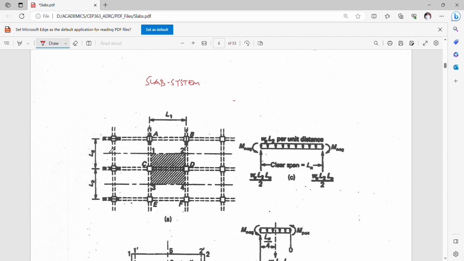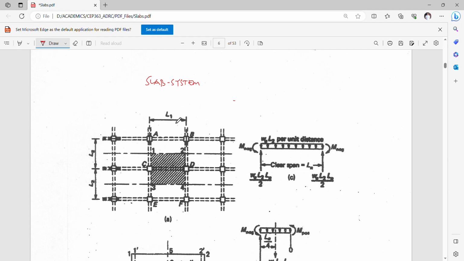It doesn't matter where the L1 and L2 directions are, but we have to bear in mind that we have to treat the analysis one direction at a time. If we are looking into this direction as the longitudinal direction, it's better if we label it as L1, and this direction here will be the transverse direction labeled L2.